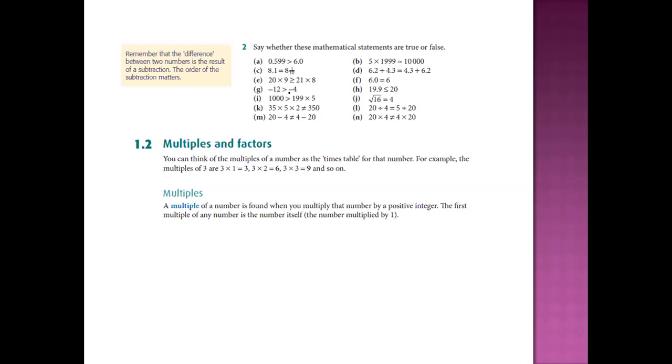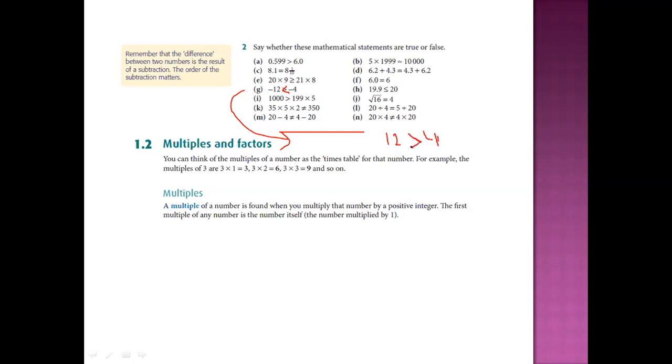Exactly, not true. Because with negative numbers, which one is less than or more than the other is the inverse of the answer. For example, minus 12 is exactly less than minus 4. In positive numbers, for example, plus 12 and plus 4, which one is less than the other?